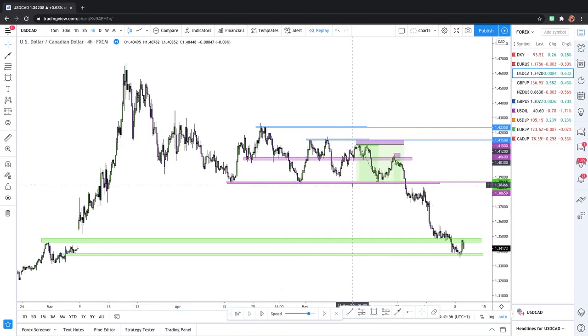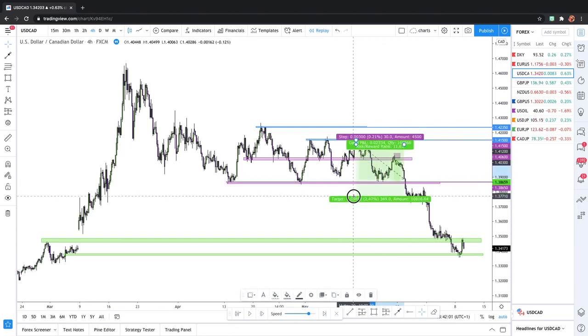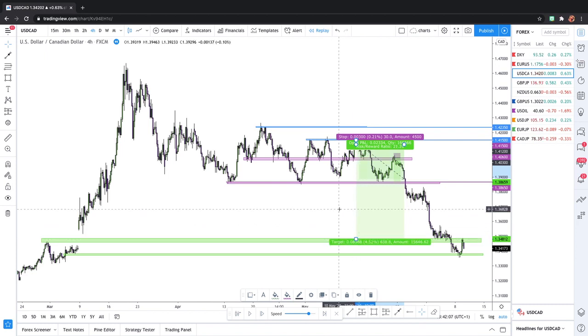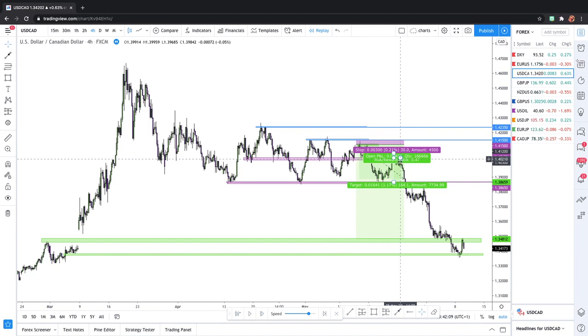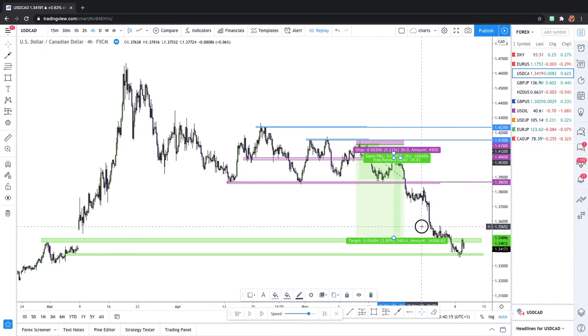So just from these targets up here, we can extend them because price broke, right? So we just extend it to the next support, 638 pips, and then the second one, extend it to the next support, 540 pips, 1,000 pips.